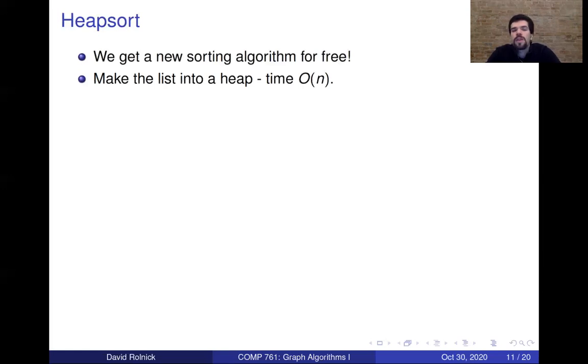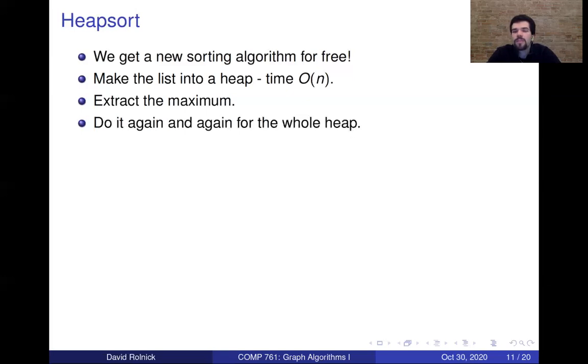Making the list into a heap, remember, that's time O of n. You can extract the maximum. So what's the overall time for the whole sorting algorithm?